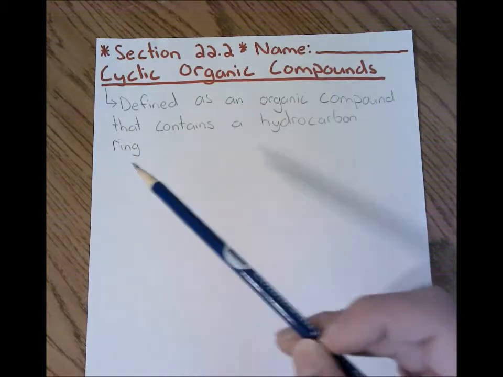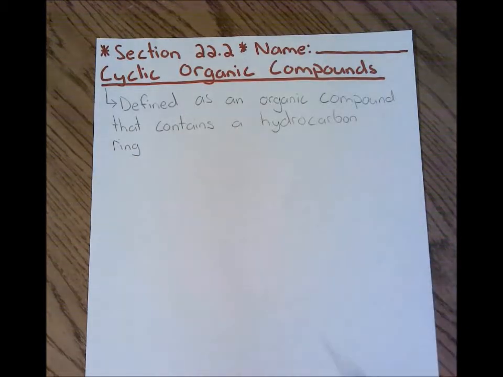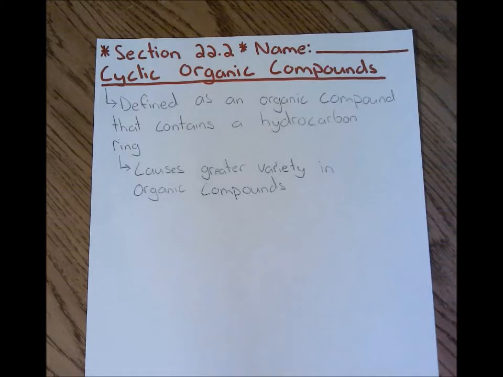And so because we bring in this ring structure, this is one of the reasons there's so much variety in organic compounds. So how we identify a cyclic hydrocarbon is we are going to indicate that a hydrocarbon has a ring by using the prefix cyclo.